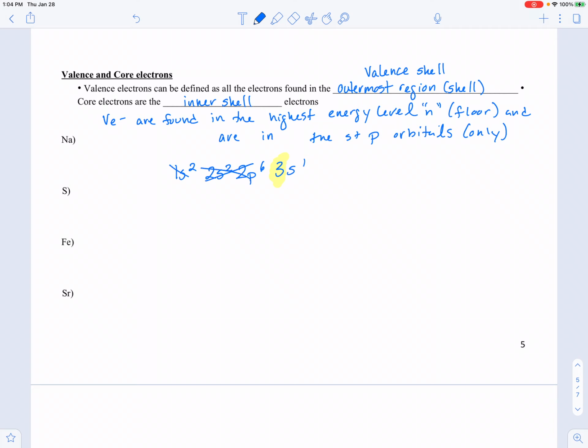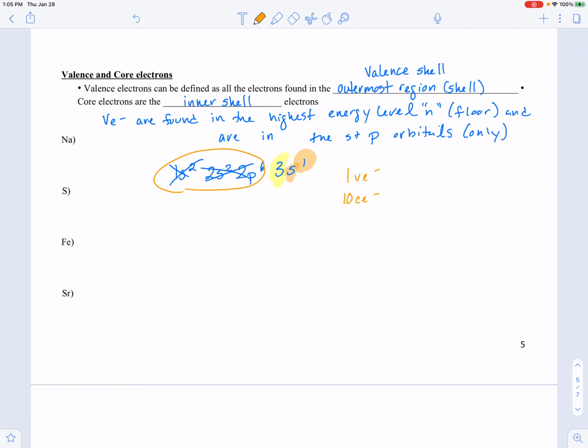They are not high enough since my highest energy level is 3. And then I would look at my s and p orbitals here, and I can see that I only have an s and I only have 1 electron in it. So in this case I have 1 valence electron, and then all my other electrons are core electrons.